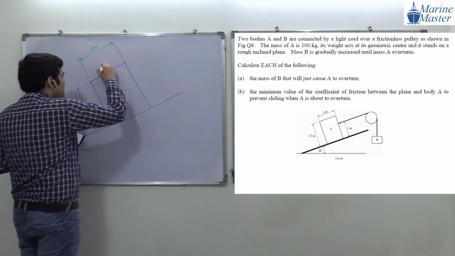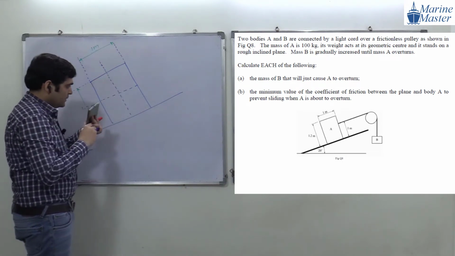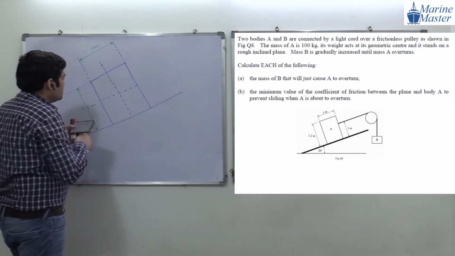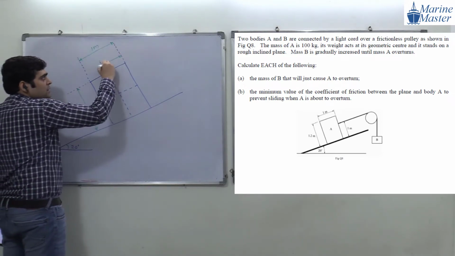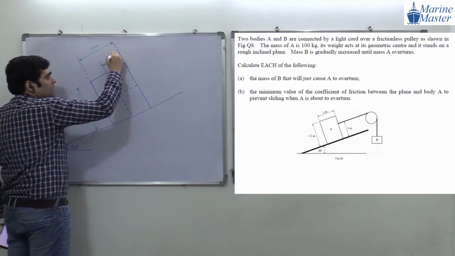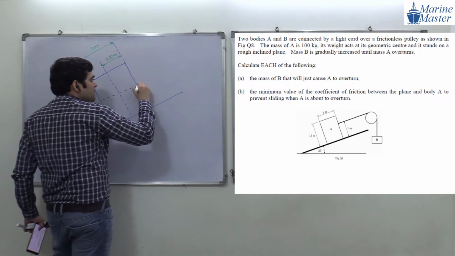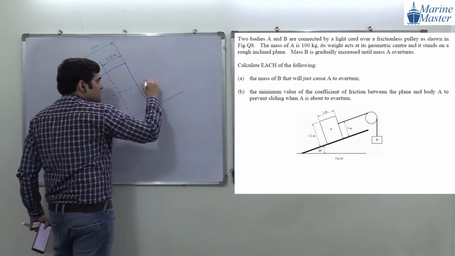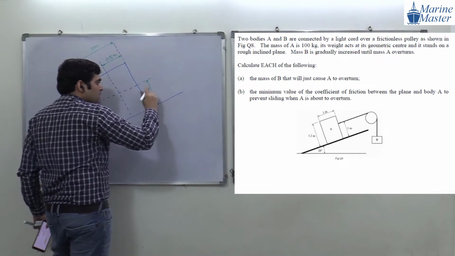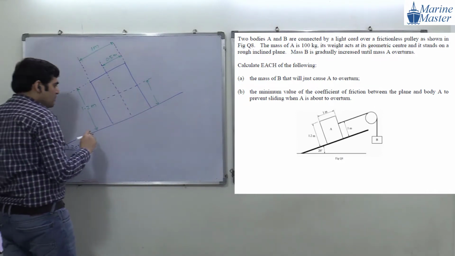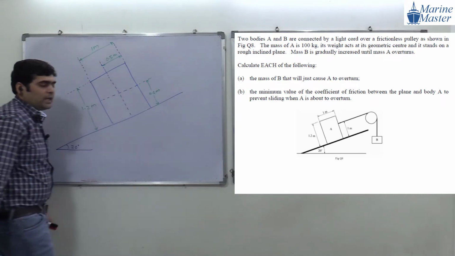So this distance will be 0.5 meter, and this distance will also be 0.5 meter. And then this distance will become 0.6 meter. Okay, everyone getting my point?